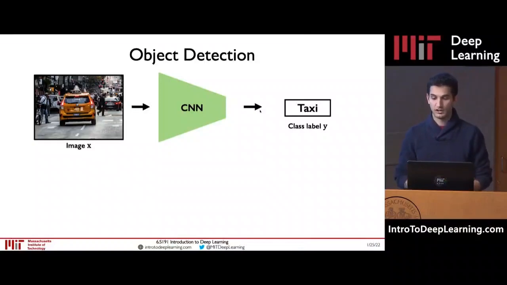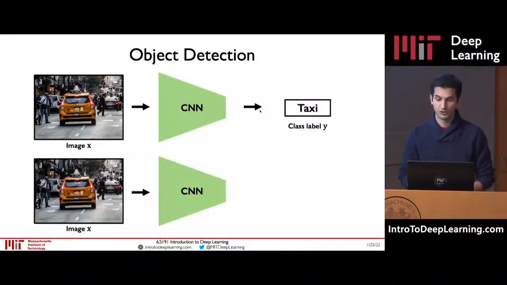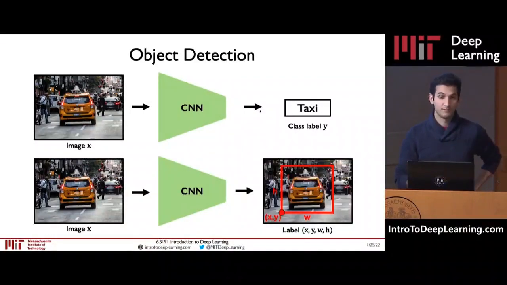But we can also go deeper into this problem to determine not just what this image is, or that this image has a taxi, but maybe also a much harder problem would be for the neural network to tell us a bounding box, right? For every object in this image. So it's going to look at this image, detect what's in the image, and then also provide a measure of where that object is by encapsulating it in some bounding box.